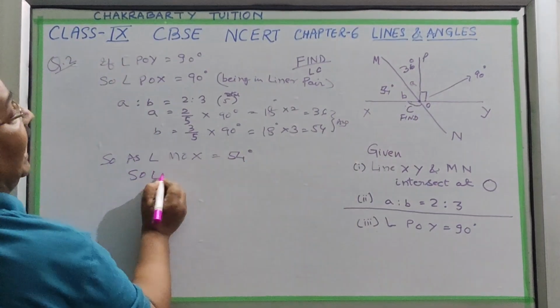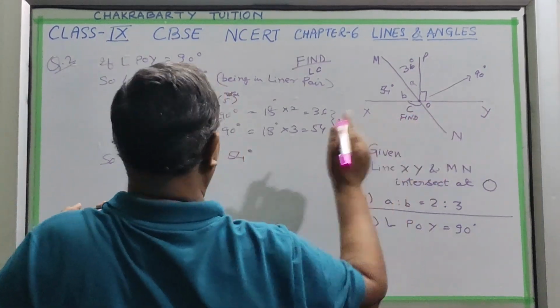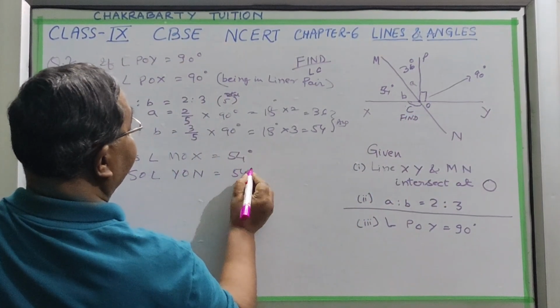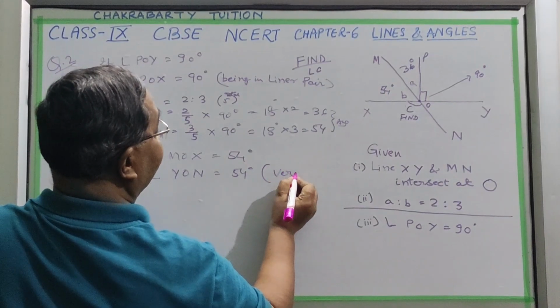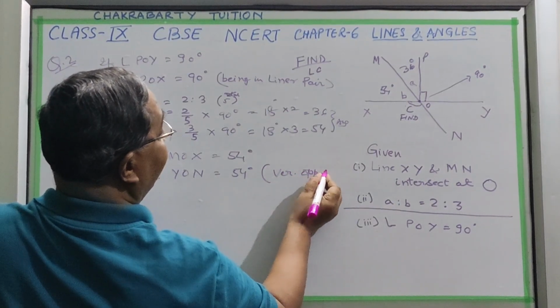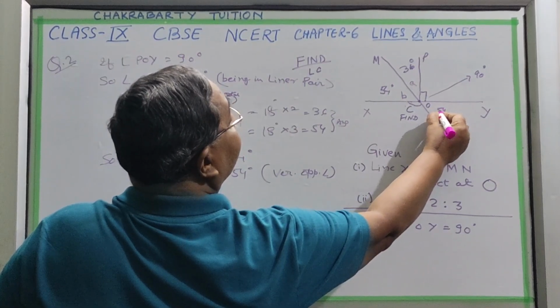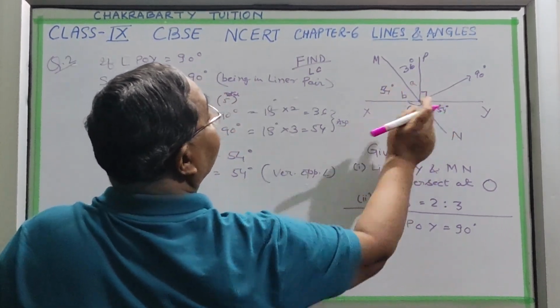So angle YON will also be 54 degrees, vertical opposite angle. Okay, this will also be 54.